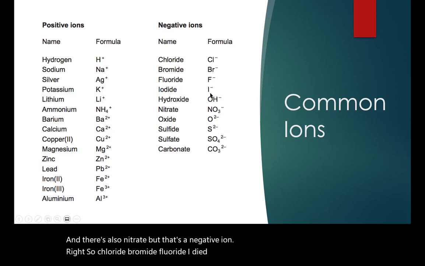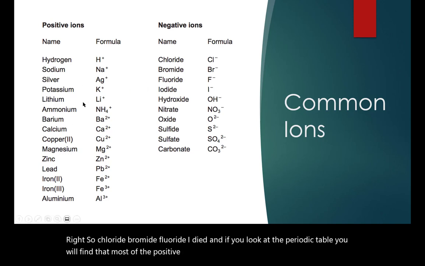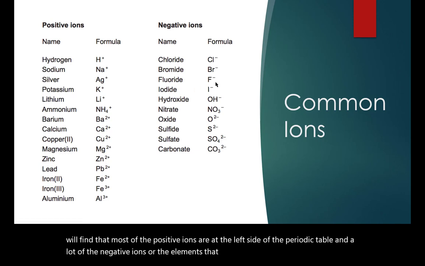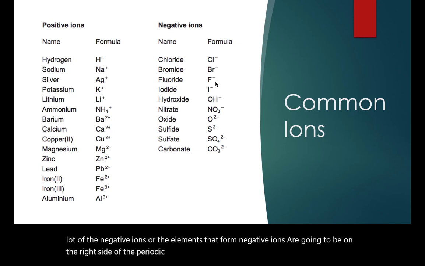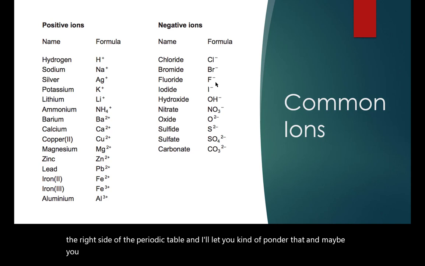And if you look at the periodic table, you'll find that most of the positive ions are at the left side of the periodic table, and a lot of the elements that form negative ions are going to be on the right side of the periodic table. I'll let you ponder that, and maybe you can figure out why that is. I'll give you a hint. It has to do with the number of electrons in their valence shell.